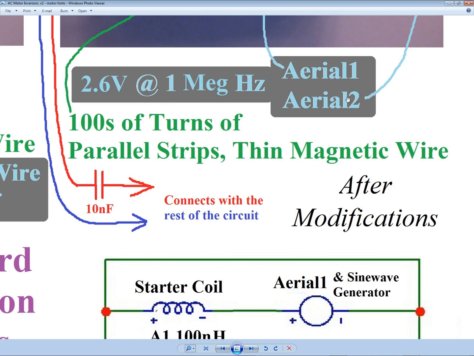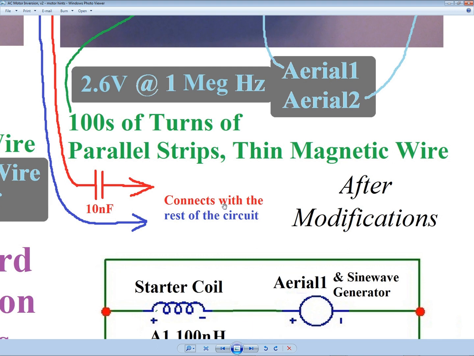So actually, what's coming in from the DC source, such as solar panels, or the AC mixed source, such as an aerial, will probably have to be a little higher than 2.6 volts, because the sine wave generator is going to consume and dissipate a certain amount of energy. But the output from this sine wave generator should be 2.6 going into the circuit. And then you have a little capacitor of 10 nanofarads, and that's it.